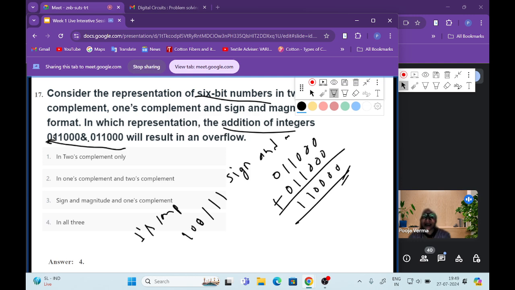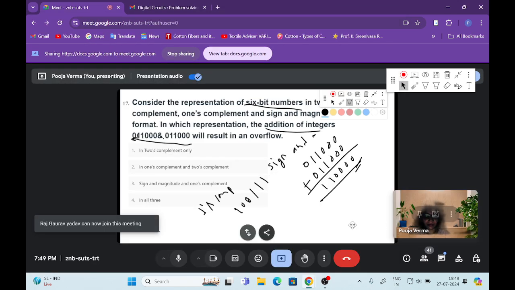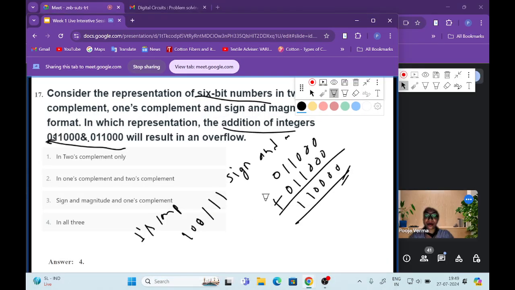And the other number is also the same, that is 1 0 0 1 1 1. If you add this, so 0, 1 1 1. 0 carry 1. 1 1 0 carry 1. So here after 6 bits there is a carry of 1. So that is called overflow.